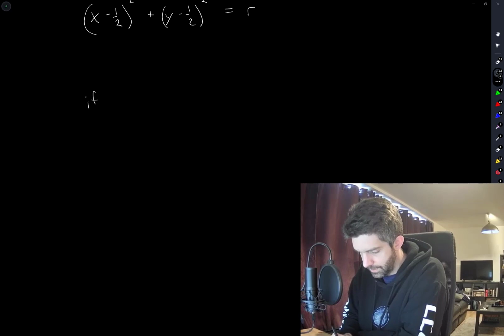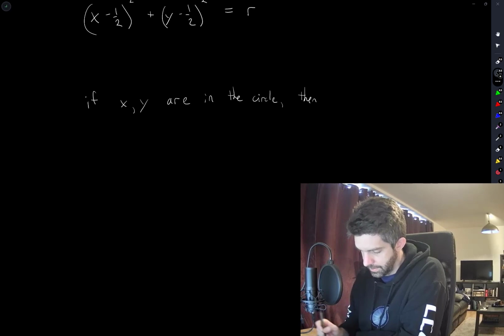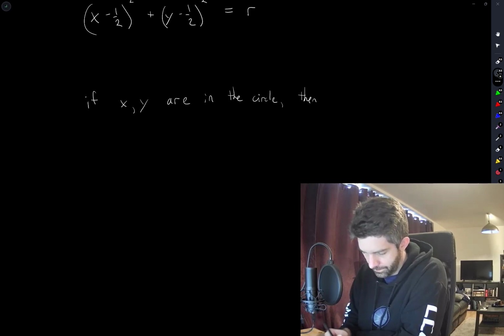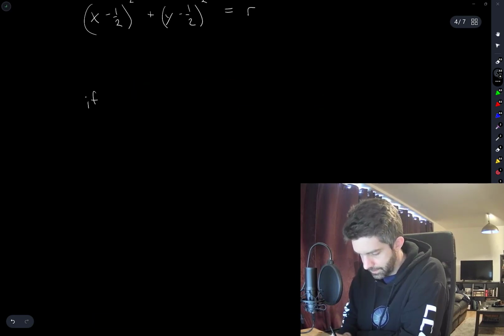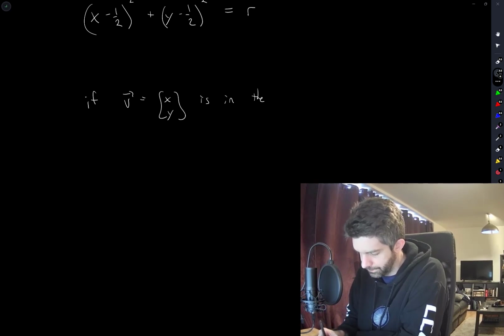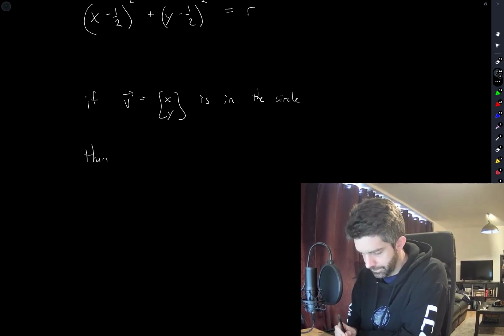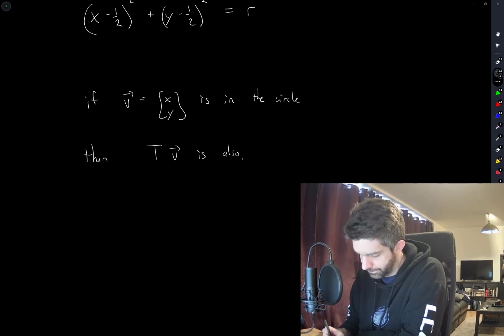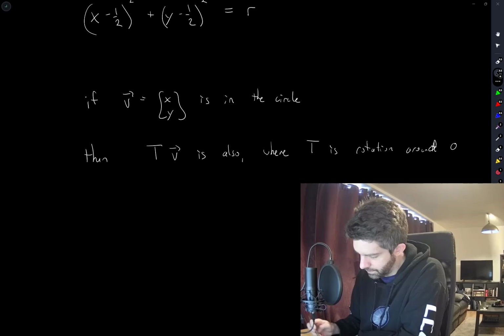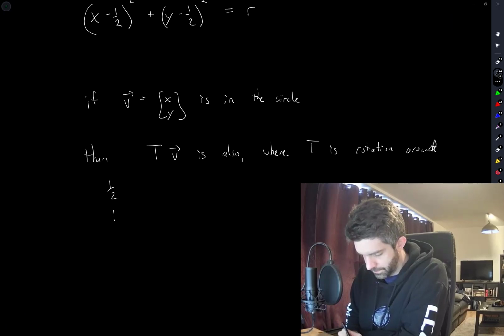So if (x, y) are in the circle, let me say it like this: if v equal to (x, y) is in the circle, then Tv is also, where T is the 90-degree rotation around this point.